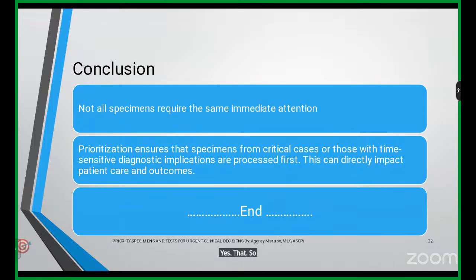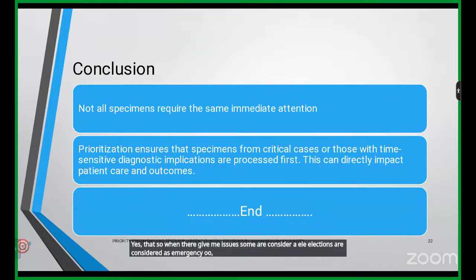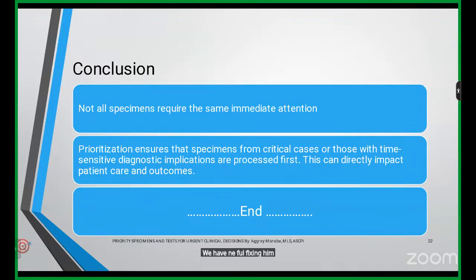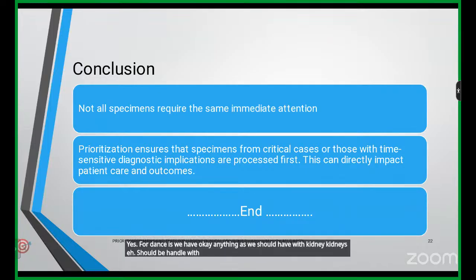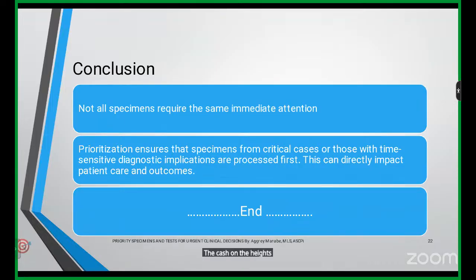When kidney issues are considered, electrolytes are considered an emergency test under certain conditions such as acute kidney injury. We have nephrotic syndrome. We have nephrolithiasis. Anything associated with kidneys should be handled with a lot of care, especially considering calcium, with sodium and potassium at the highest priority.